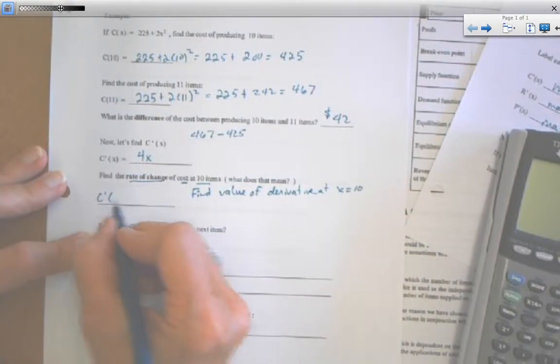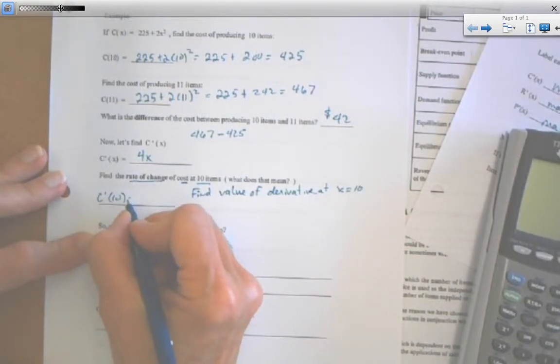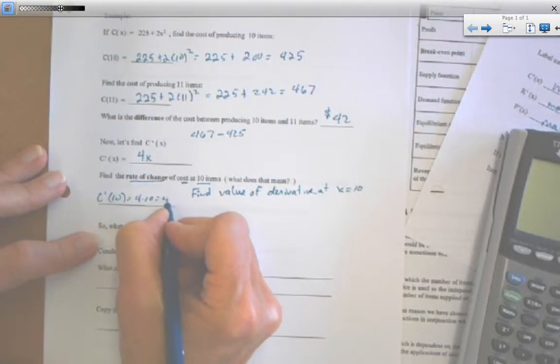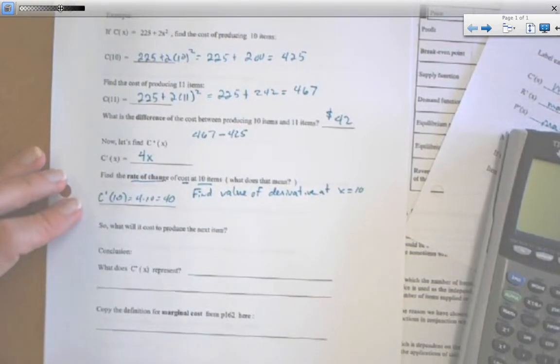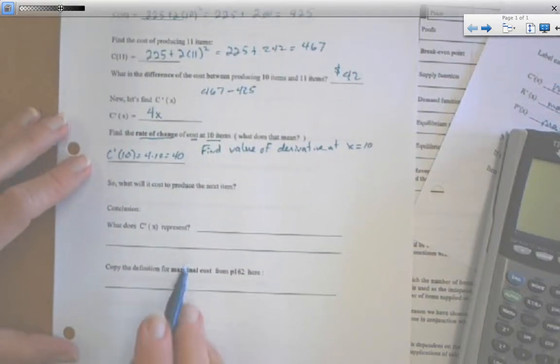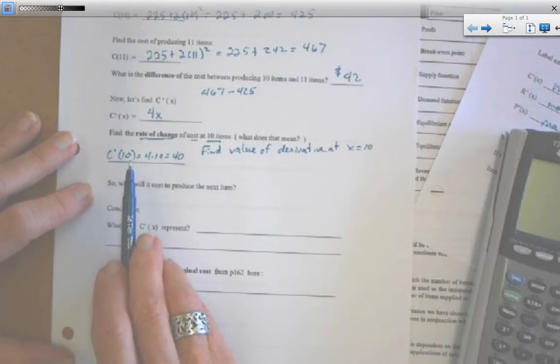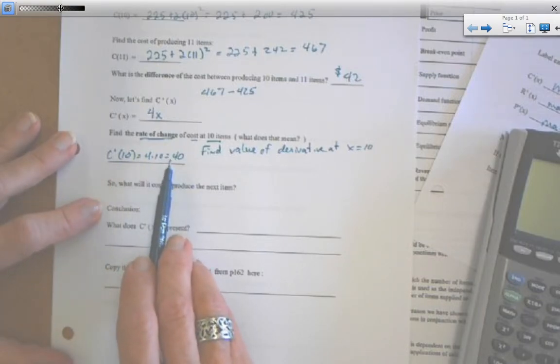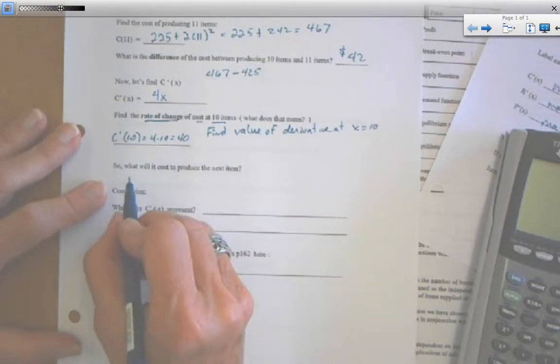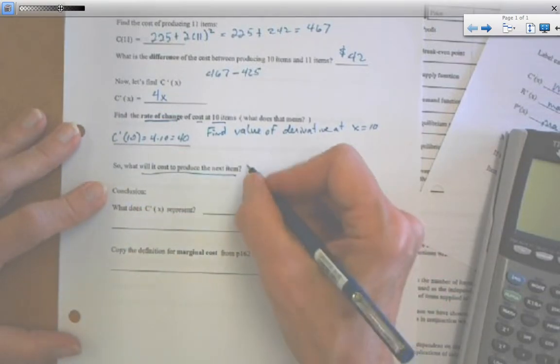So C prime of 10 is 4 times 10, which is 40. So after 10 items, the cost to produce the next item, the rate of change from the 10th item to the next item, will be $40. So what will it cost to produce the next item?